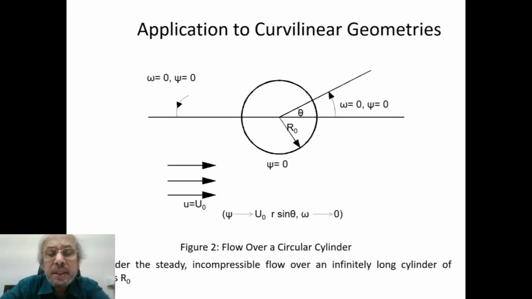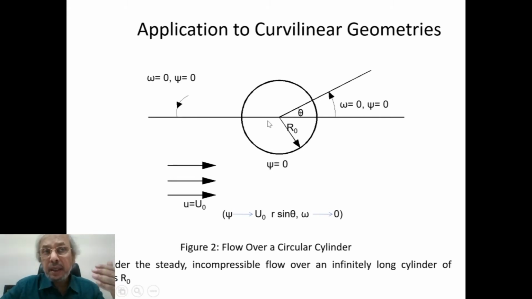Now I will extend our analysis to curvilinear geometry, and we will take up a circular cylinder with radius r0, and this cylinder is very long. Why are we saying the cylinder is very long? So that there is no end effect on the solution.